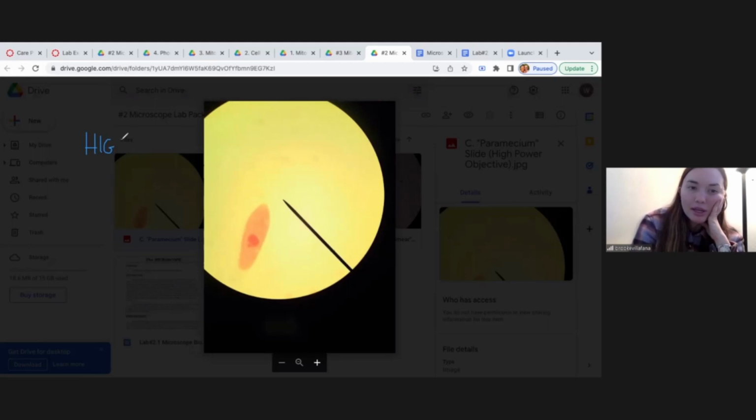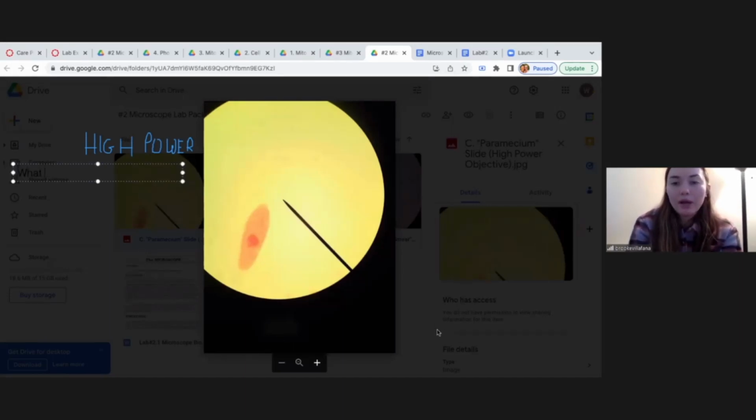In order to get the paramecium to look like this, it's on high power. Does that make sense? So everybody's looking at a microscope under high power right now. So how do you find the length of this paramecium you see? What is the length? And then we'll also do a width question in just a second.